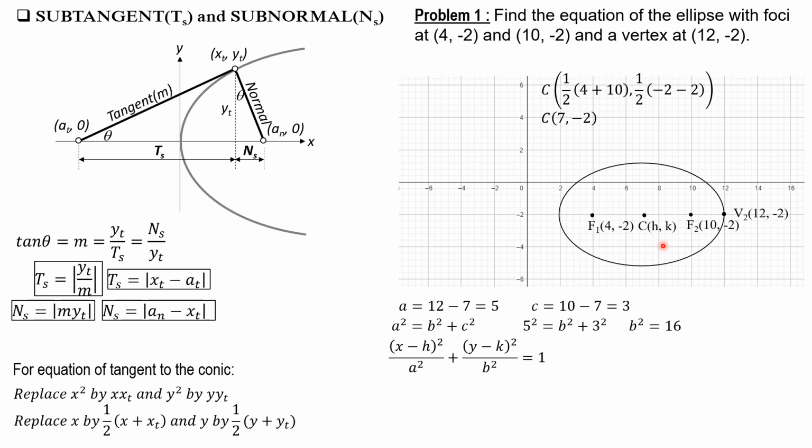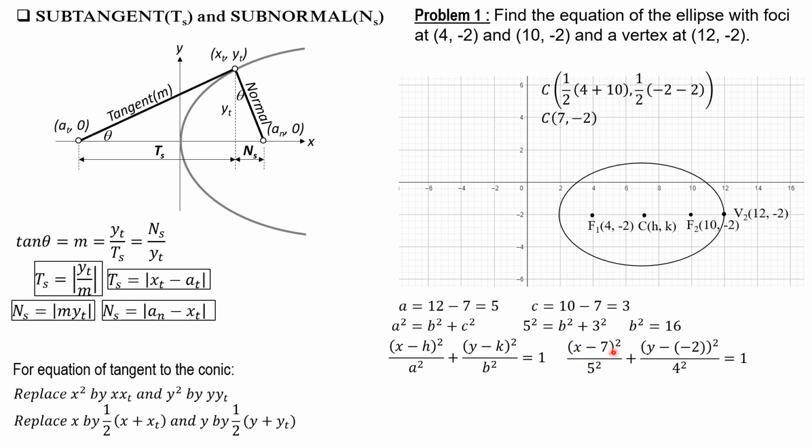Substituting values of these elements, we have (x minus 7) squared over 5 squared plus (y minus negative 2) squared over 4 squared equals 1. We multiply everything by the LCD, which is 5 squared times 4 squared, 25 times 16, 400. So this is 16 times (x minus 7) squared.